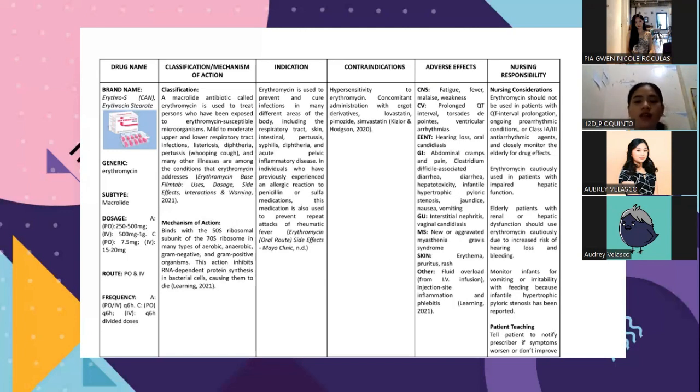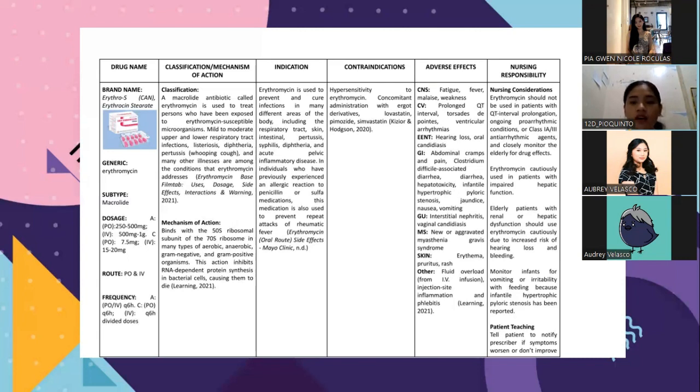So in the nursing considerations or nursing responsibilities, in heart rhythm, erythromycin shouldn't be used in patients with heart rhythm issues or taking certain heart medications due to the risk of further heart rhythm disturbances. In elderly monitoring, elderly patients should be closely monitored as they may be more sensitive to erythromycin's effects.